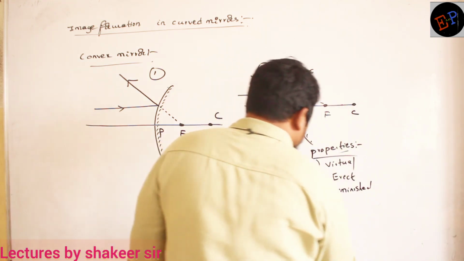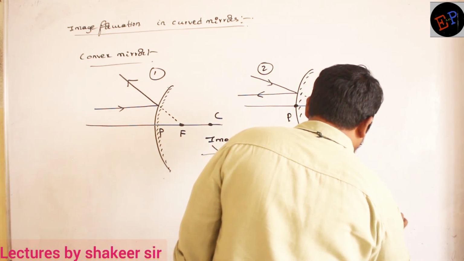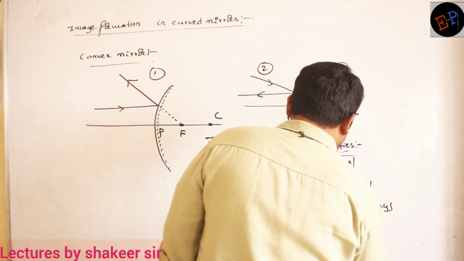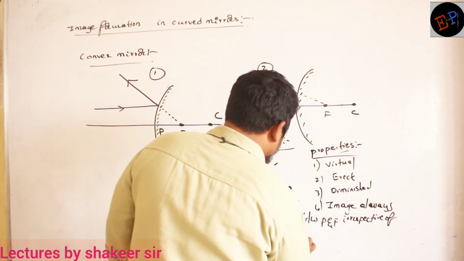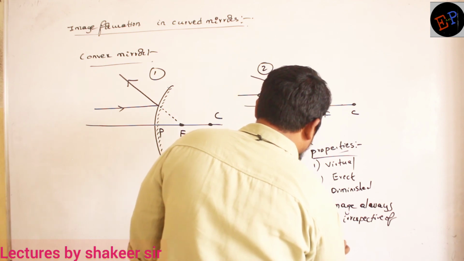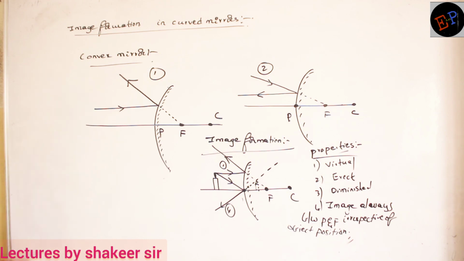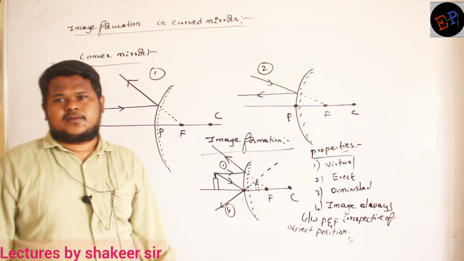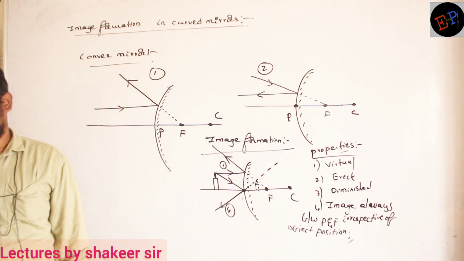So therefore what I would say, image is always between pole and the focus, irrespective of object position. What is meant by irrespective of object position, ma? Wherever may be the object, image is always created in between the pole and the focus. That's it. Okay, ma? So this is the only construction in the case of convex mirror.